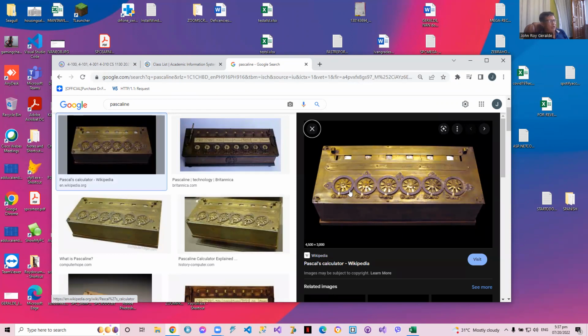It has rotating wheels, where each wheel stands for a digit in decimal, and it can stand for 10 different symbols, 0 to 9. You increase quantity by rotating the wheel clockwise, and you diminish quantity by rotating a wheel counterclockwise. The first wheel stands for the ones, the second for the tens, hundreds, and so on and so forth.